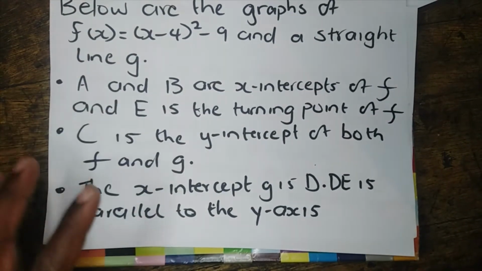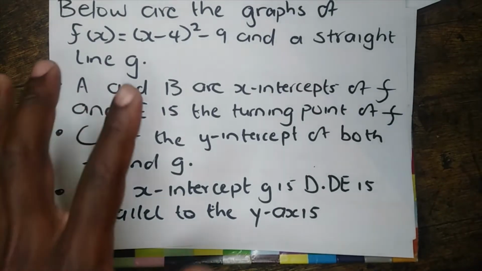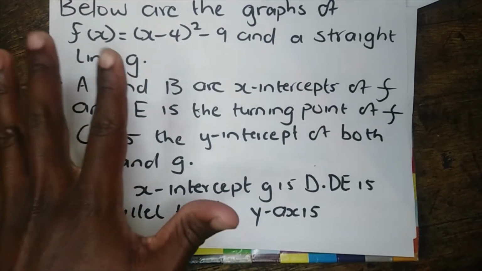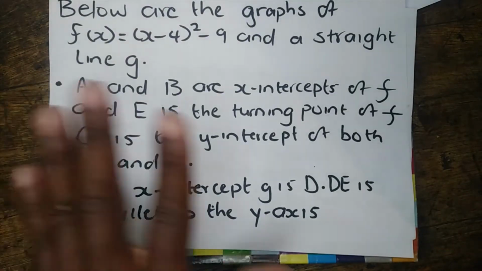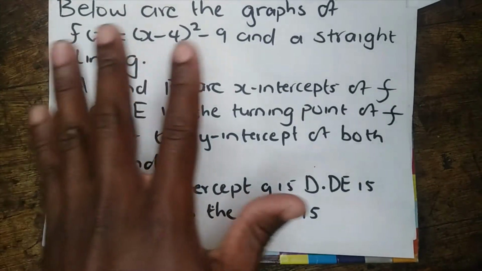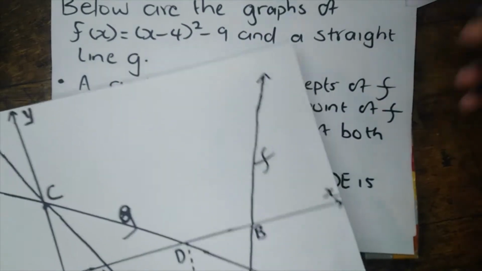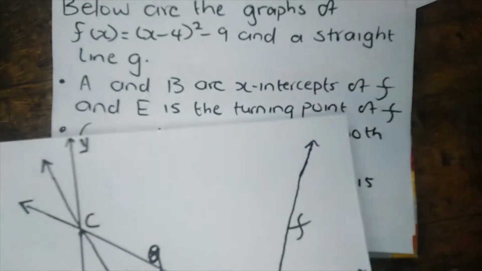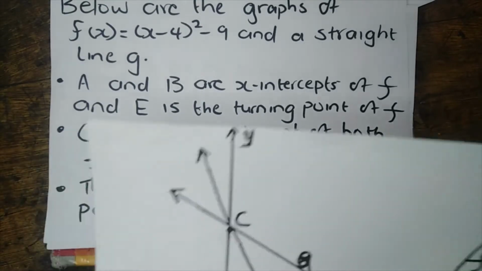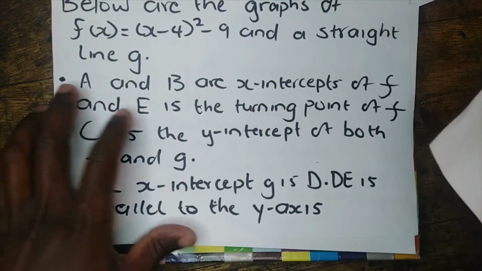As you can see here, the statement says below are the graphs of f(x) and g(x). f(x) is the parabolic graph, and the straight line graph is g(x).